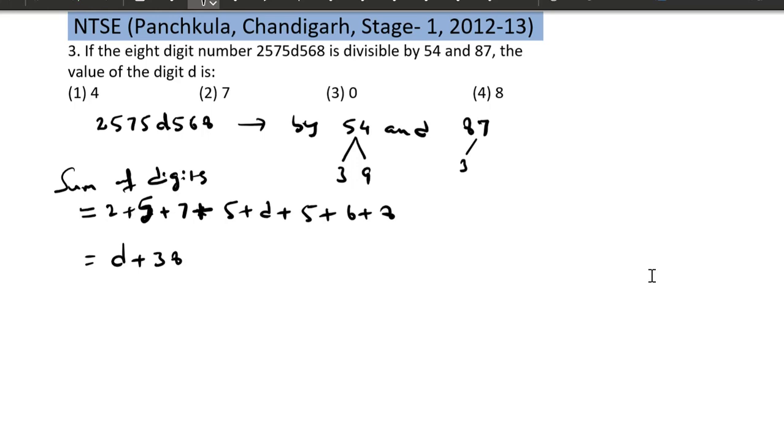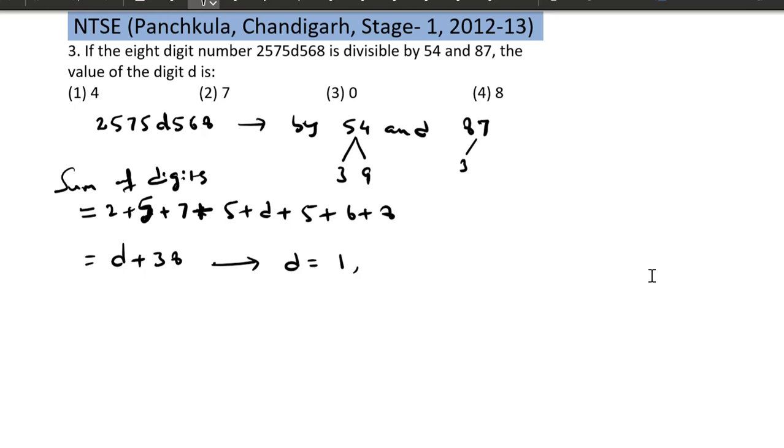The sum of these digits is D plus 38. To make D plus 38 divisible by 3, D could be 1. If D equals 1, then 1 plus 38 is 39, which is divisible by 3.